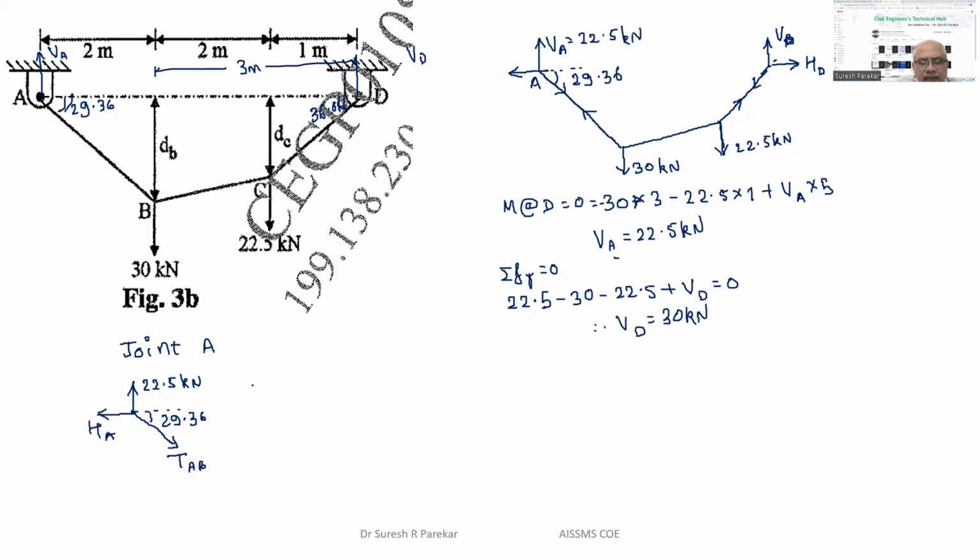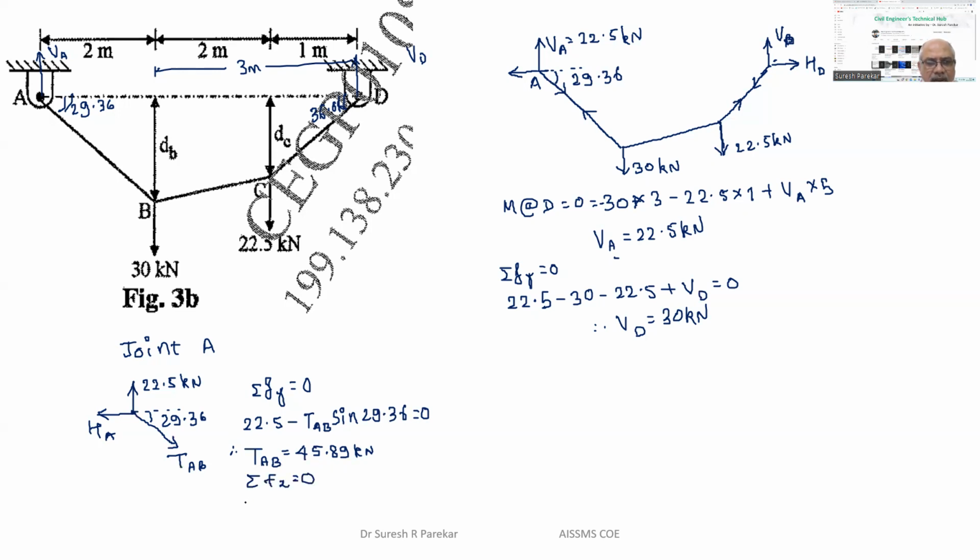Now if you apply summation Fy equal to 0, then we have 22.5 minus TAB sine 29.36 equal to 0, and therefore TAB equals 45.89 kilonewton, which is 22.5 divided by sine 29.36.